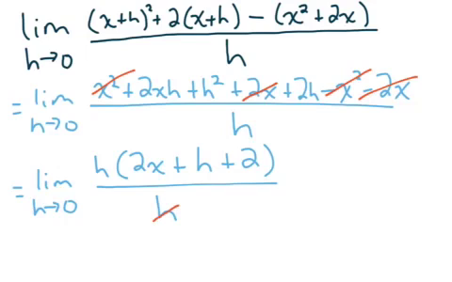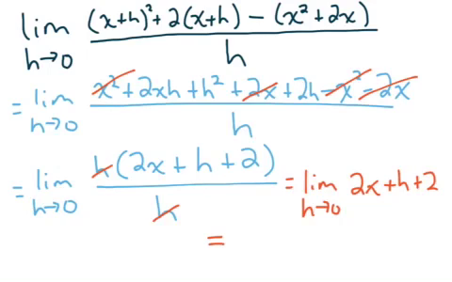Conveniently, those h's cancel out, and I get the limit as h approaches 0 of 2x plus h plus 2. It's now safe to plug 0 in for that h, and I can evaluate this limit, and I can see that this is 2x plus 2.